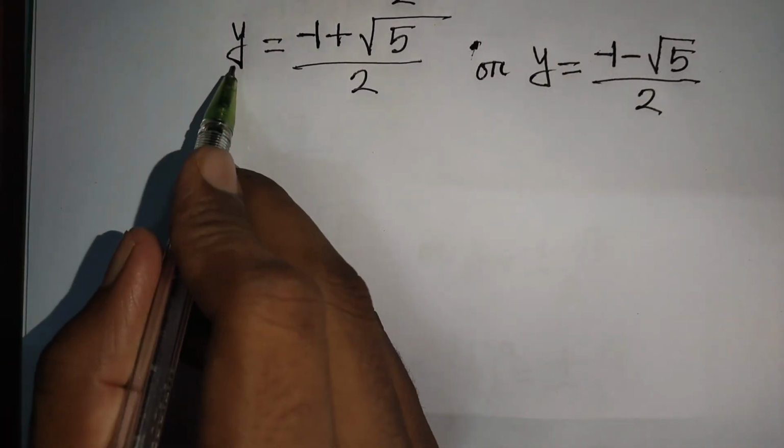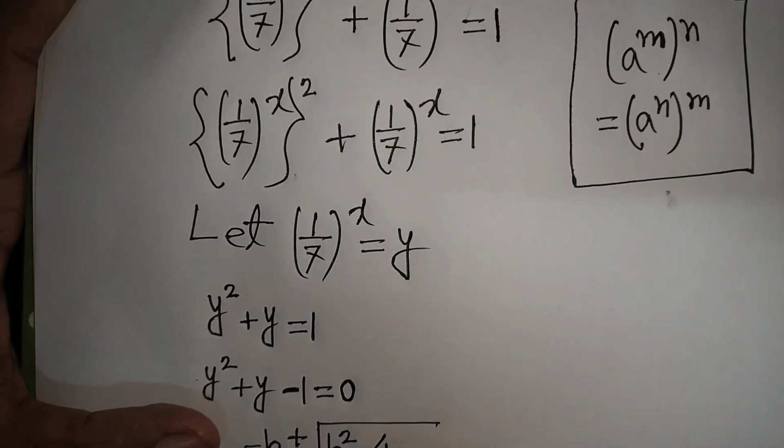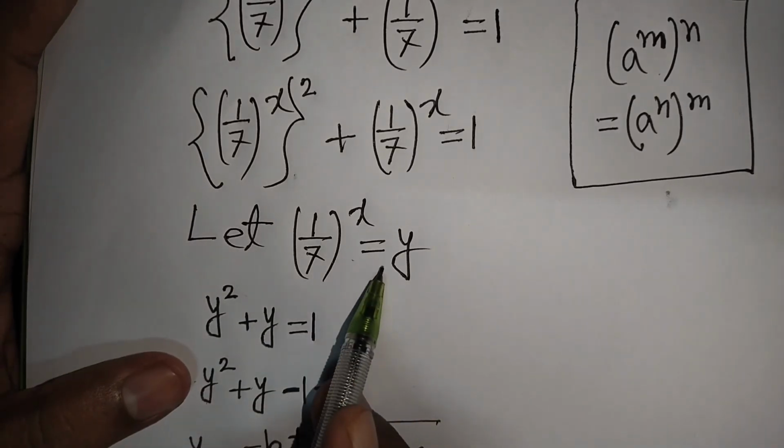Now remember that y, that means let 1 by 7 bracket power x be substituted by y.